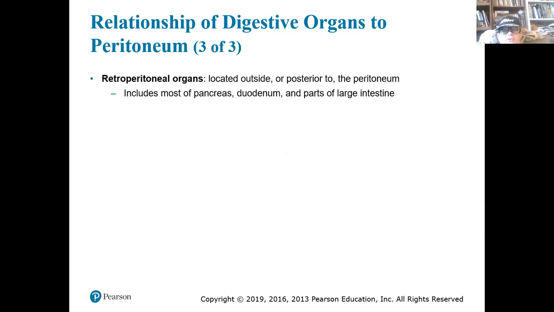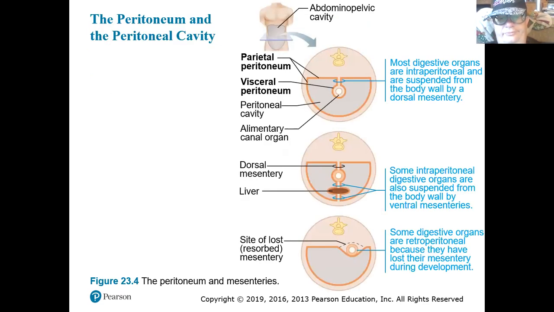Oh, and there it is, retroperitoneal. Look at outside or posterior to the peritoneum. We're talking the pancreas, the duodenum, some parts of the large intestine, all the parts of the kidney. So here we have most digestive organs are intraperitoneal.